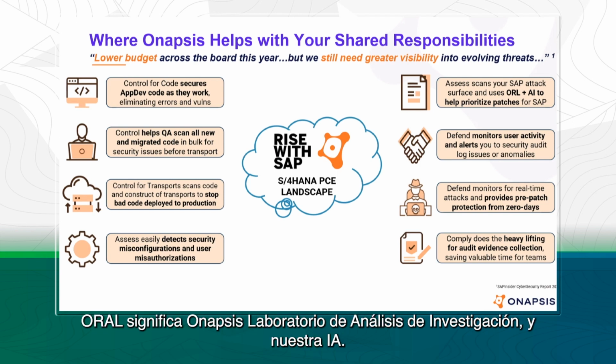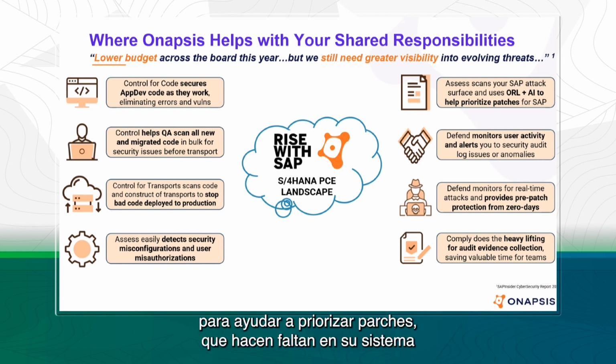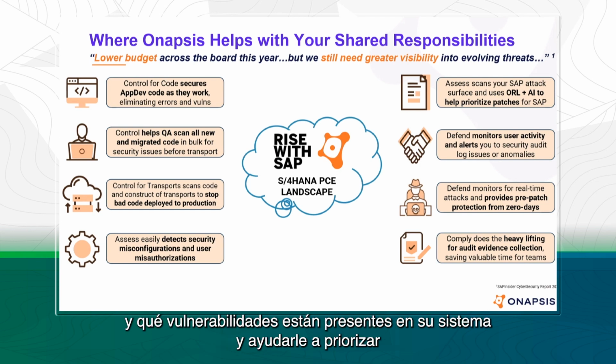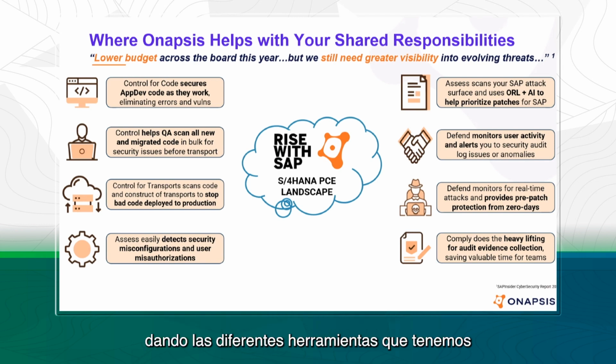ORL stands for Onapsis Research Labs, and our AI helps prioritize patches, to check what SAP security notes are missing in your system and what vulnerabilities are present in your system, giving you the different tools that we have in order to help you prioritize vulnerabilities and investigate others.